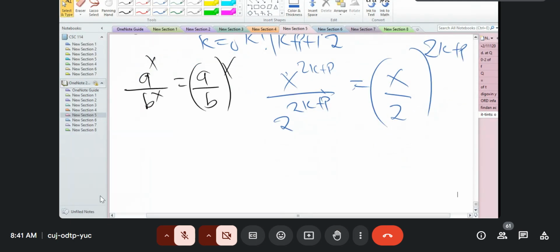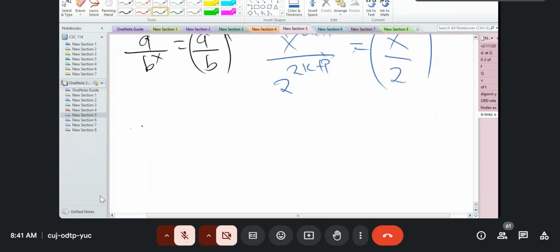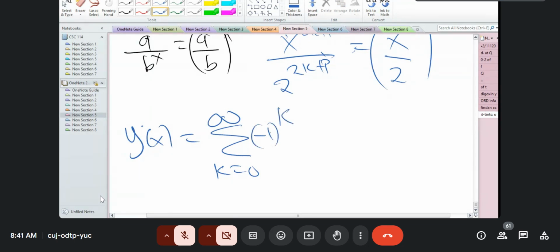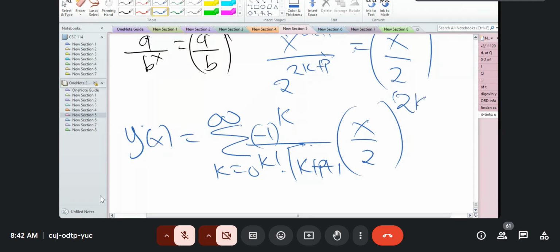So our solution y of x becomes y of x equals sum from k is 0 to infinity minus 1 raised to power k divided by k factorial gamma of k plus p plus 1 times x over 2 raised to 2k plus p. This is the solution corresponding to the index s is equal to p.